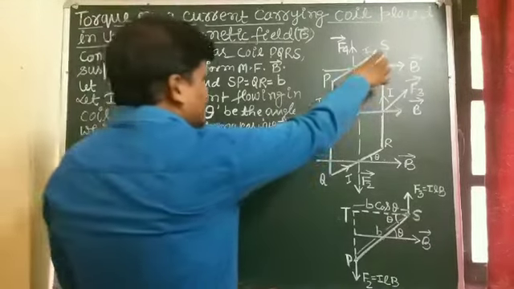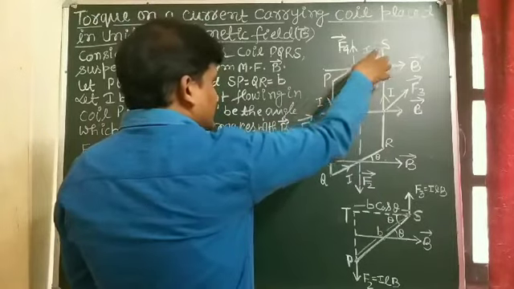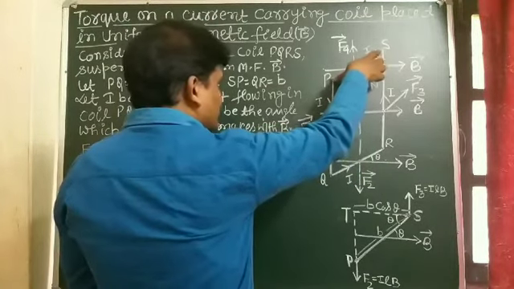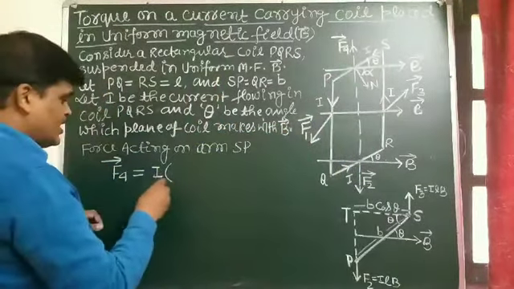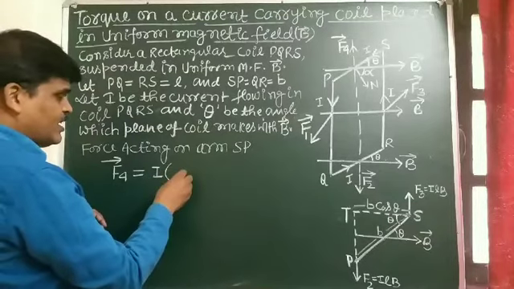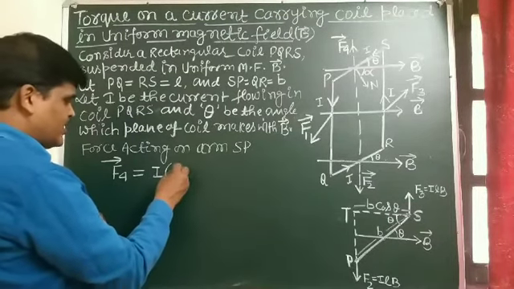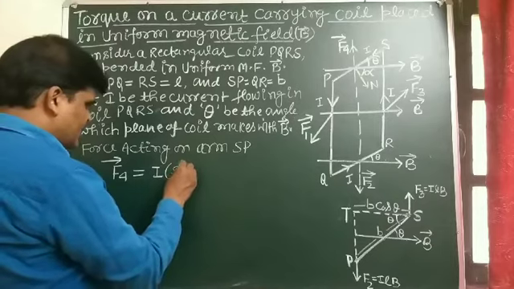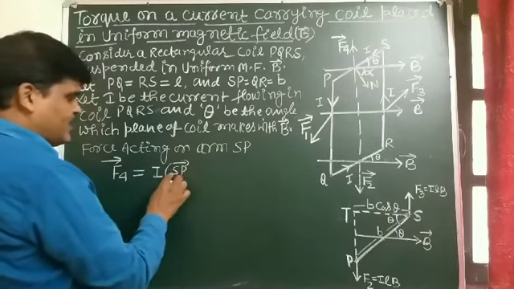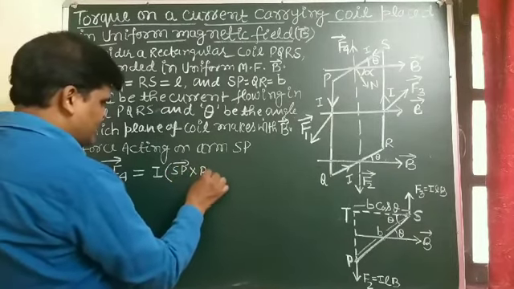L means length, which length? SP. And this is the current element vector. So it is written as ILB sin theta, IL cross B. So here L can be taken as vector SP, and the magnetic field is B.